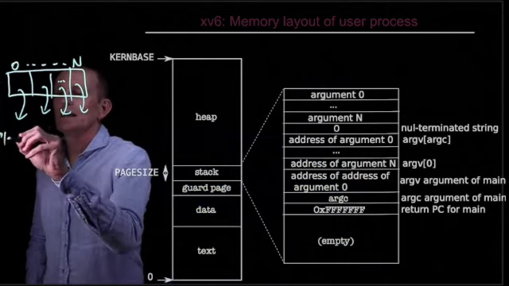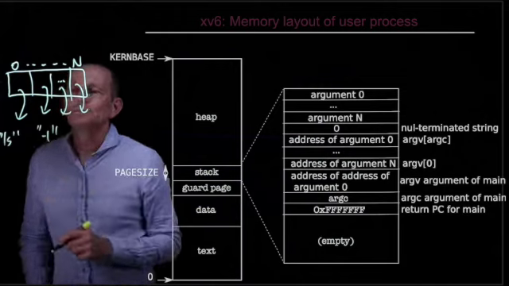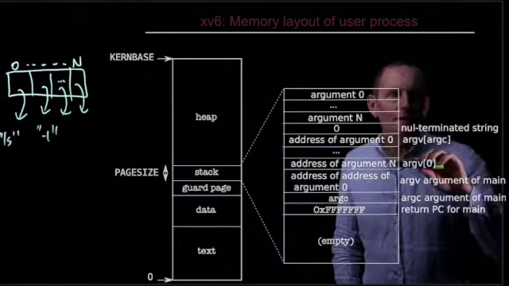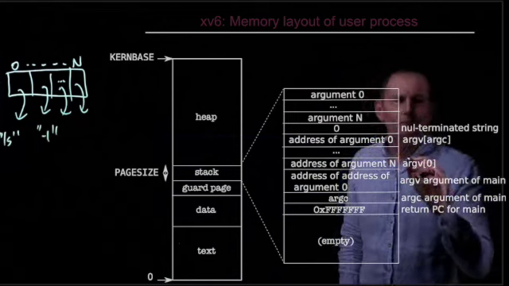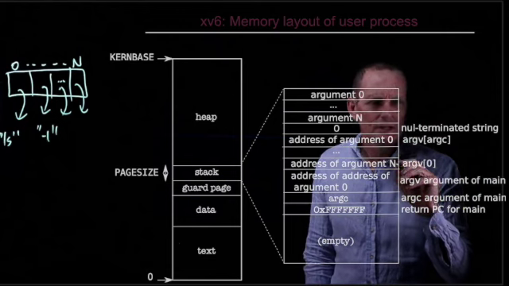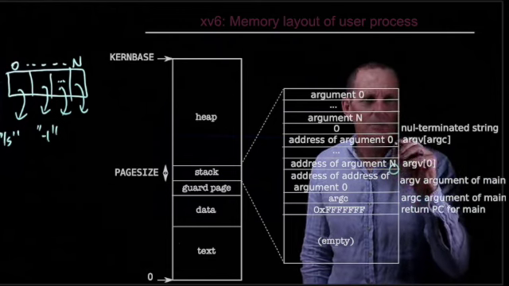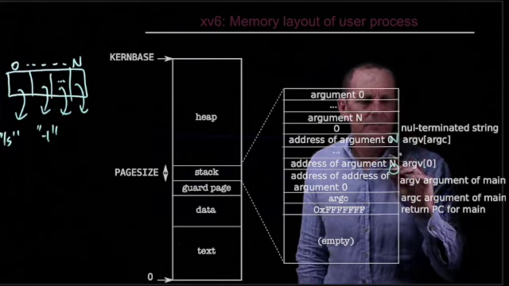So if this is, let's say, ls, and this is minus l, then we actually store the address of argument 0. One thing to note is this should really be argument 0, and this should be argument n.